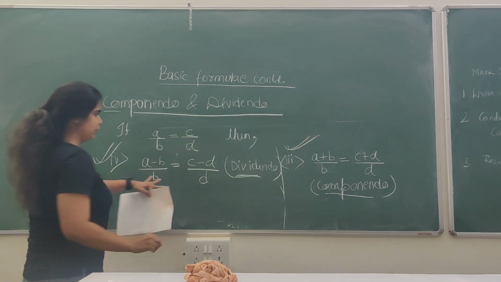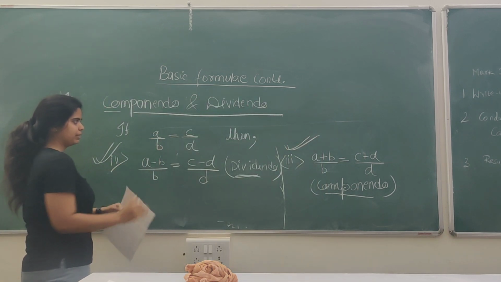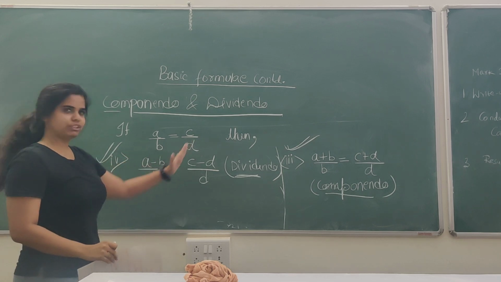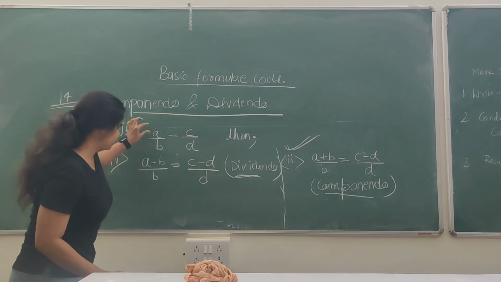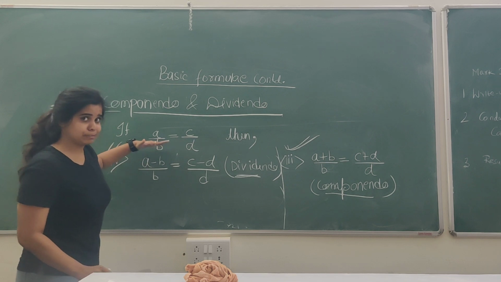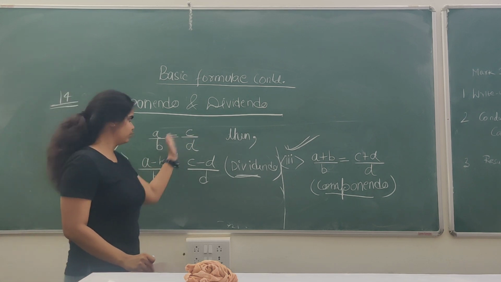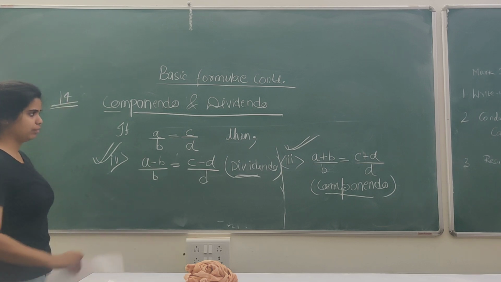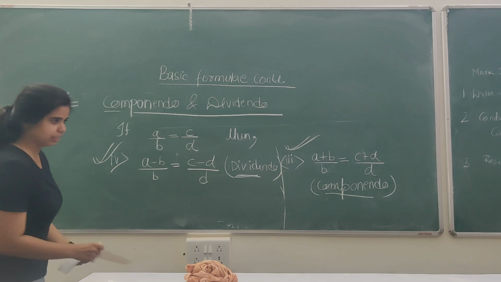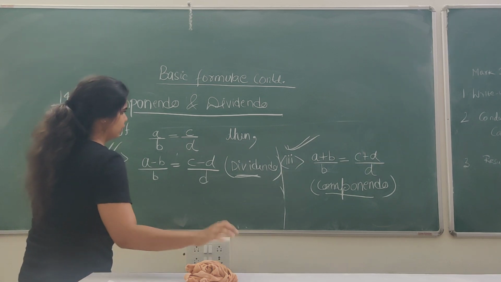Previously we were adding the denominator to the numerator. Now we are subtracting the denominator from the numerator. Okay, so you do this on both sides. So we call it dividendo.